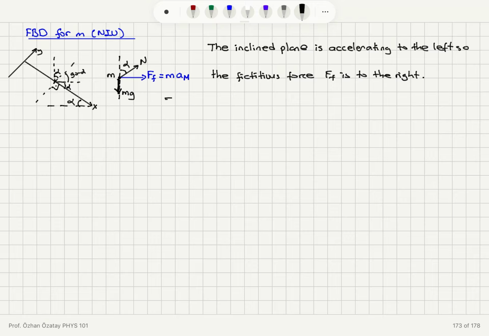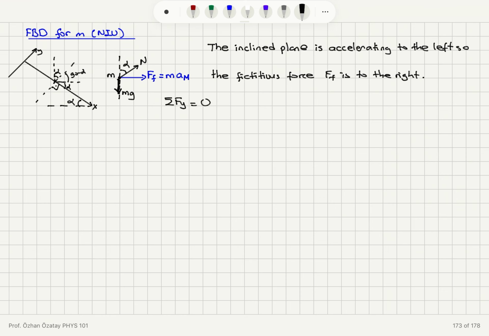And the net force on the y-axis here, in this new definition of x and y axes, is equal to 0, because m is not flying away from the wedge.